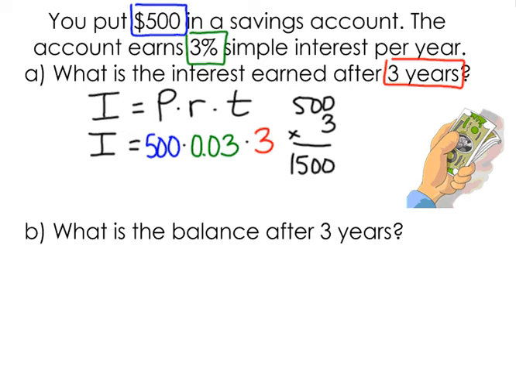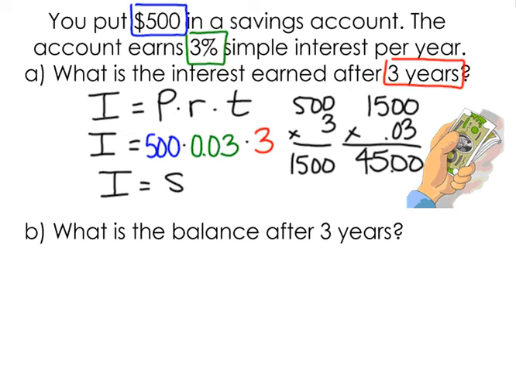And then once I get my value of 1500, I can multiply that by 3%. And so that's going to give me an interest amount of $45. And since we're looking for amount of interest, we're going to put the $ on for our units.